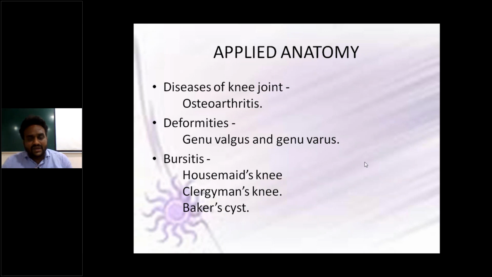So this is about the applied anatomy of the knee joint. Mainly you should know osteoarthritis, the deformities genu valgus and genu varus, and bursitis, inflammation of the bursae: housemaid's knee, clergyman's knee, and Baker's cyst.